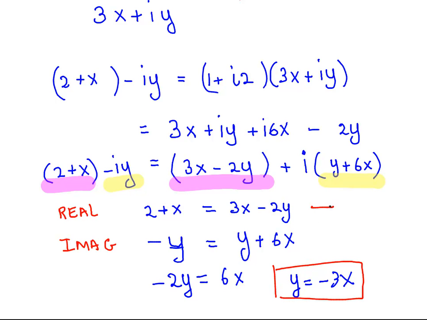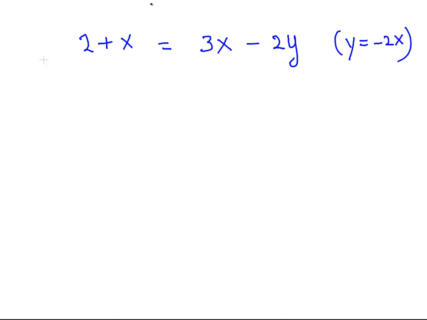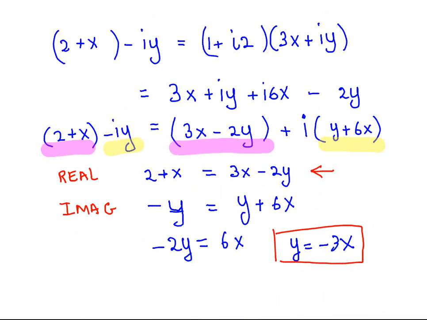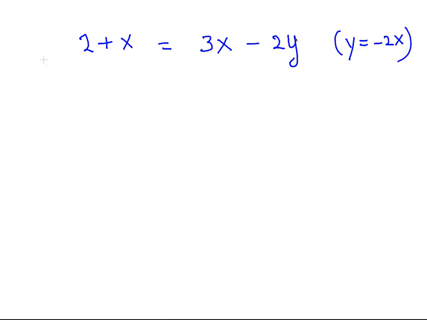Let's go back to the real part again. Let's write it out here again: 2 plus x is equal to 3x minus 2y. Now, recall that we said y was equal to minus 3x.